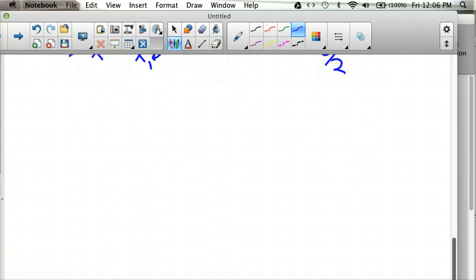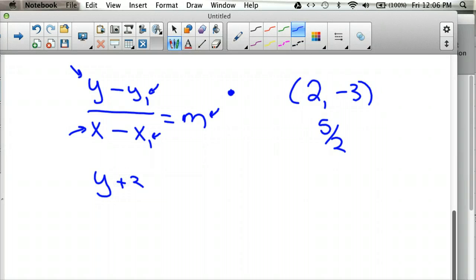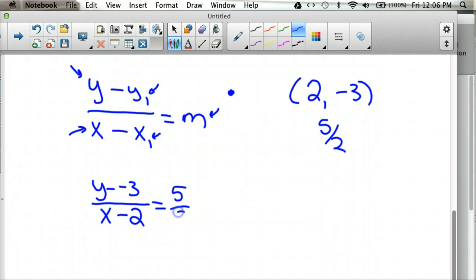So let's just plug that in and figure out what we have. If you plug that in, you would have y plus 3, because it's minus a -3. Maybe I should show my work. So y minus a -3 over x minus 2 equals a slope of 5 halves.